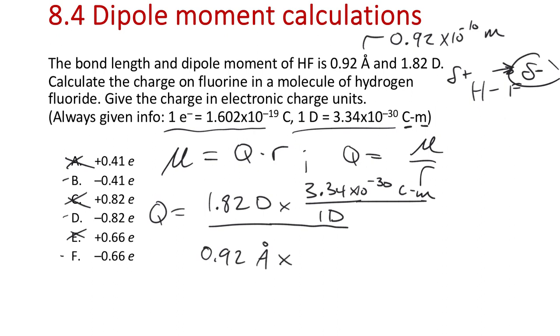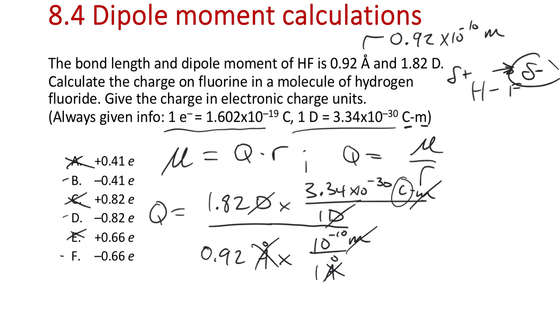And then we've already converted it on the side, but we can convert angstrom, 1 angstrom, 10 to the minus 10 meters. And so then the angstrom cancels, the meter cancels, the Debye unit cancels, and we're left with a unit of charge of coulombs.